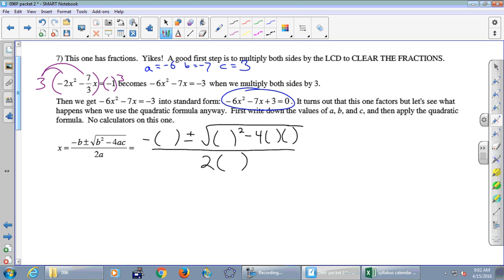Okay, first parentheses, -7, right? It's going to change to a +7, but you've already got the negative in front of the parentheses as part of the shell of the quadratic formula.